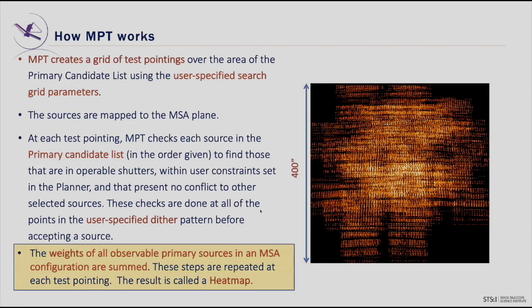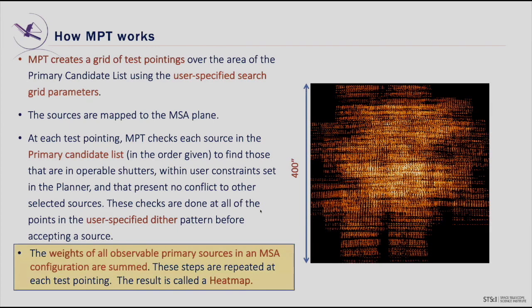So it generates what we call a heat map. This is a grid of all the results of testing those viable sources: how many sources it can put into the MSA configuration at each of the test pointings from the search grid that you've defined.